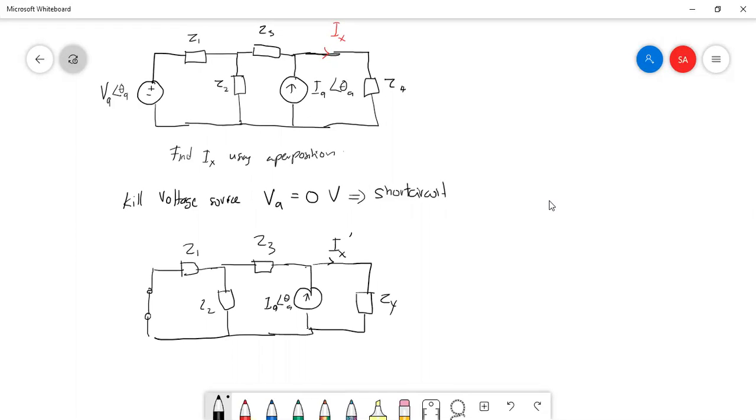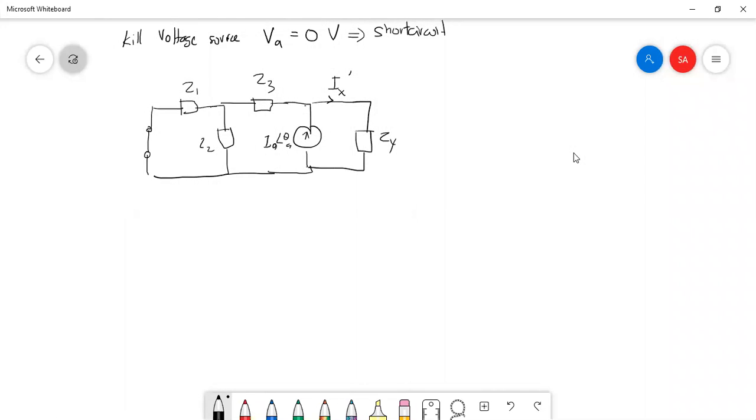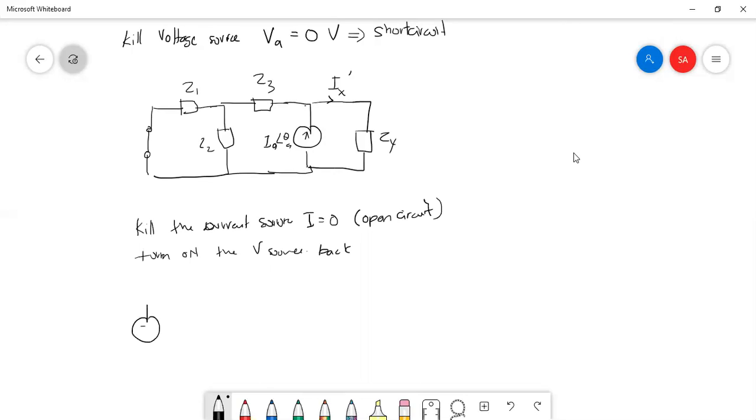Okay, and then the next step is actually to kill the current source. To kill the current source, meaning that I is equal to 0. So this is actually open circuit, and then turn the V source back on. Okay, so your circuit will be this one.